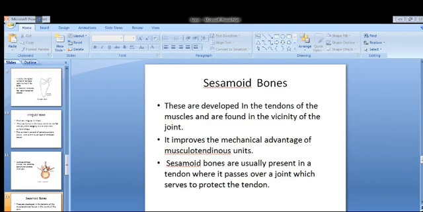Very few sesamoid bones are present in the body, not very often. Basically they ensure the tendon does not get ruptured by the frequent movement of that joint.